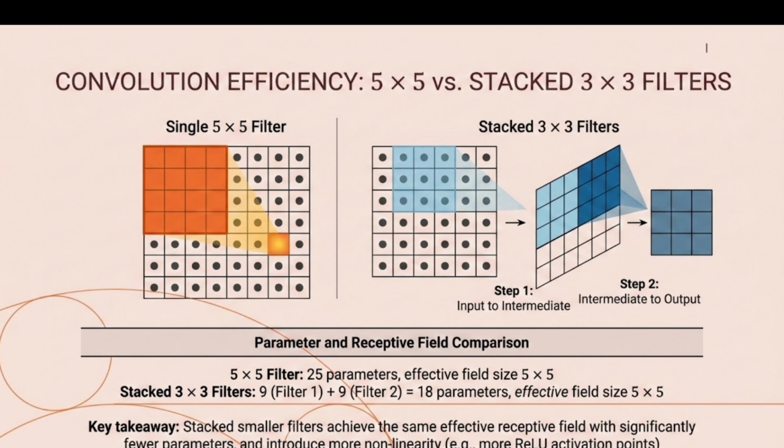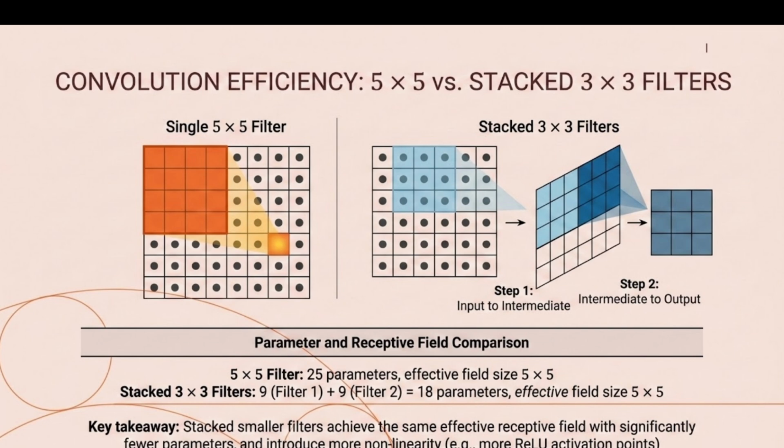Now, by 2014, researchers were trying to figure out how to make networks deeper without exploding the computational costs. A team at Oxford introduced VGGNet, which proved a fundamental design rule: always stack small filters instead of using large ones. Before VGG, researchers often used large 5 by 5 or 7 by 7 filters to capture wide patterns.